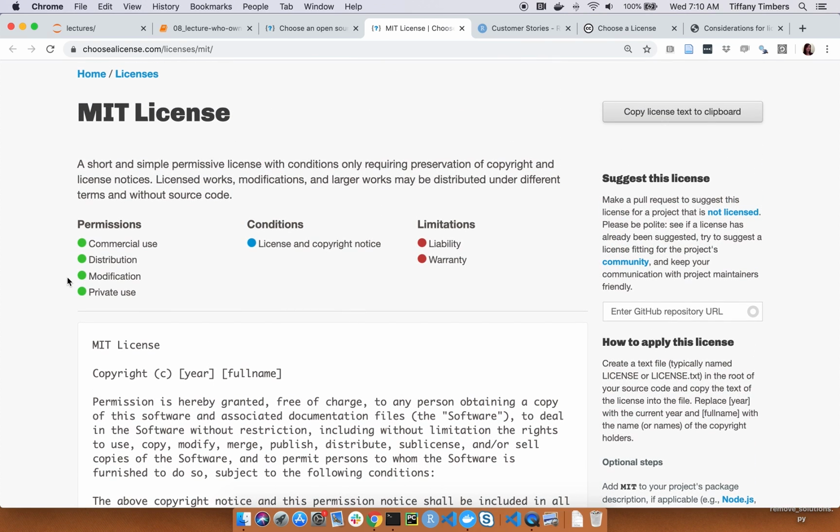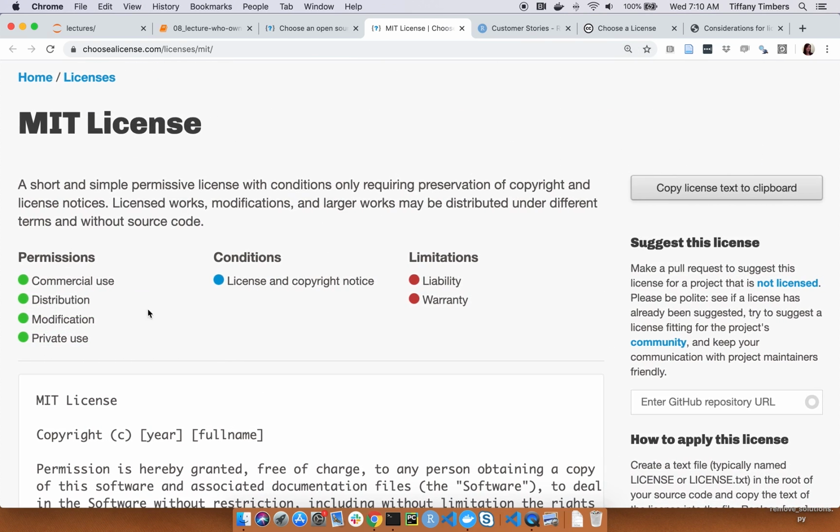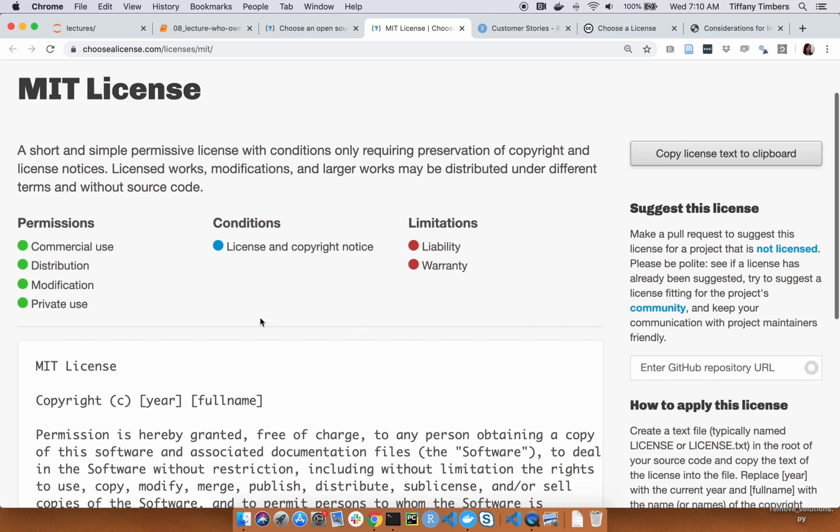But what's really nice about this website, I'll just make the text a little bit bigger because it might seem small in the screencast, is that it gives you very clear heads up for each of the licenses that they discuss on this site about what permissions the license gives you, what conditions the license has, and what limitations it has. So for example, with the MIT license, it's okay for you to use it in commercial use. It can be distributed in any way, modified in any way. It's okay for private use. And then it has some conditions around copyright notice.